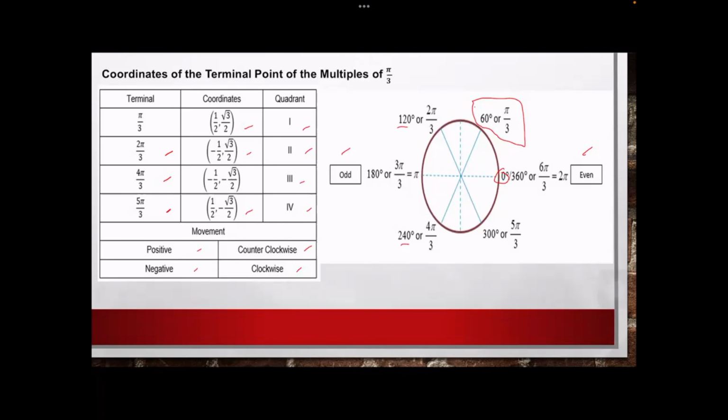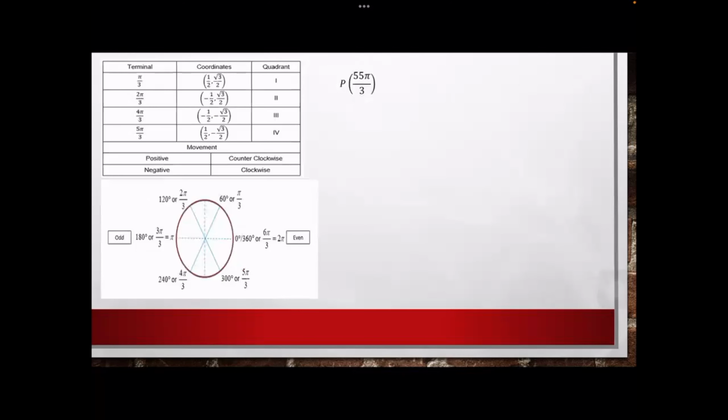And 5 pi over 3, that's equivalent to 300. And we just have the example, tapos na kopyahin yung table. Ang kopyahin nyo lang naman dyan is yung coordinates na 1/2 and the square root of 3 over 2, and nagbabago lang yung sign niya kung saan siya papatak na quadrant. Yun lang.